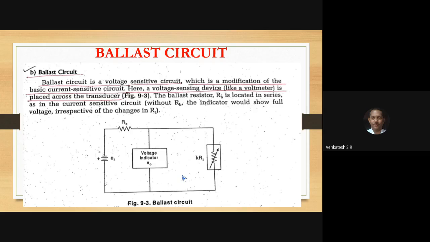What are the things present in the ballast circuit? Go through them one by one. That is the input voltage, Ei, the ballast resistance RB, the output voltage from the measurement, that is Eo, and the rheostat resistance K into R1. K is the constant. So this is the simple ballast circuit used for measurement of axial strain, bending strain, and torsional strain.